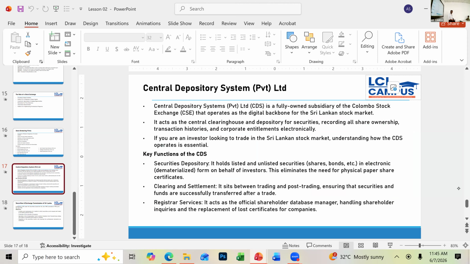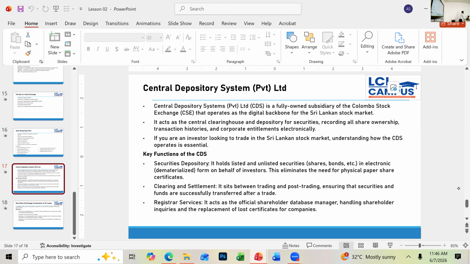Okay, let's move to the next thing. Central depository system. Earlier also I have explained this thing. Just tell me your understanding. In which year did they establish this? In early 90s.